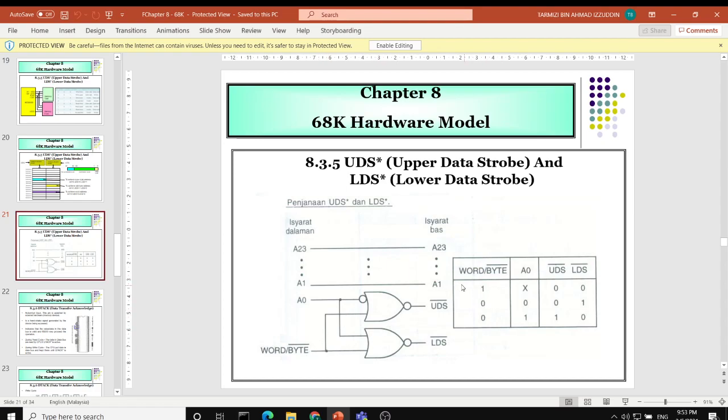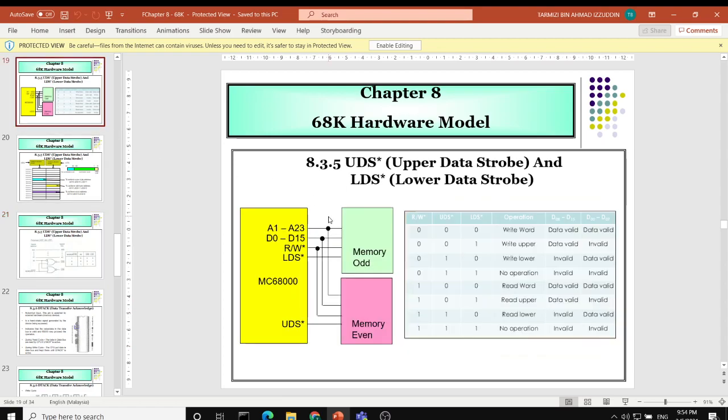So you can see from this truth table, if the word signal is 1, meaning that, and you don't care about what A0 is, then both UDS and LDS will be 0. But if the word is 0 and A0 is 0, you are telling the LDS to write at the odd data part.